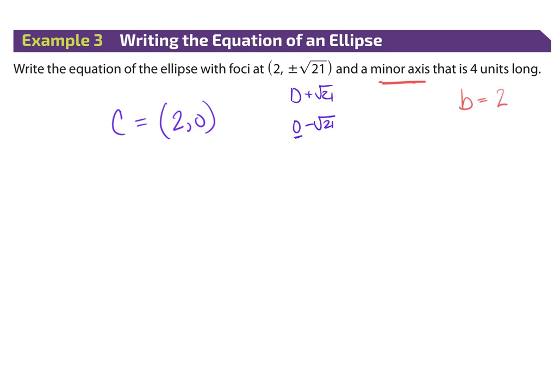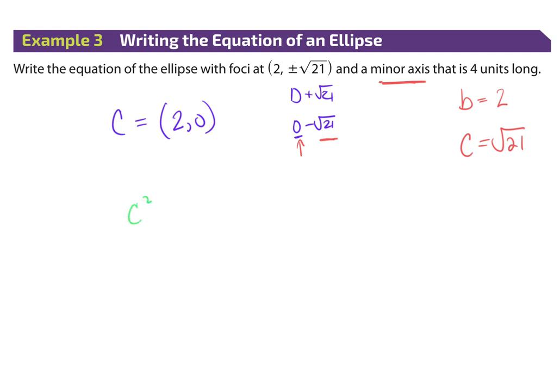All right, because this is 0 plus a number, 0 minus a number, I actually already know C as well. C is the square root of 21, because that's what I added and subtracted to that y value to get my foci, right? And so then I can solve for A, which is what I need to finish out this problem.